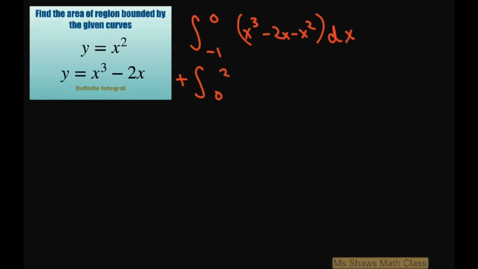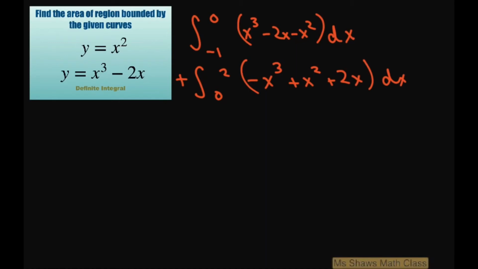I'm going to put it in order: negative x cubed, then plus x squared, plus 2x dx. All right, now let's go ahead and integrate these.